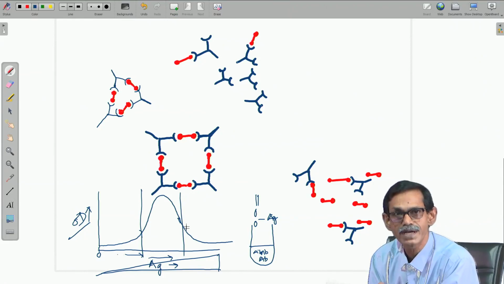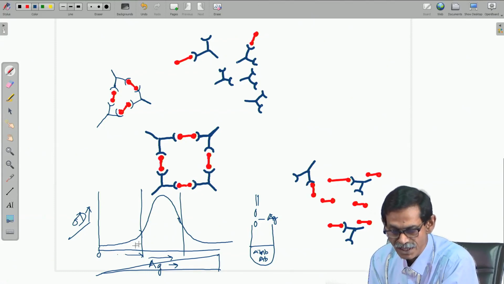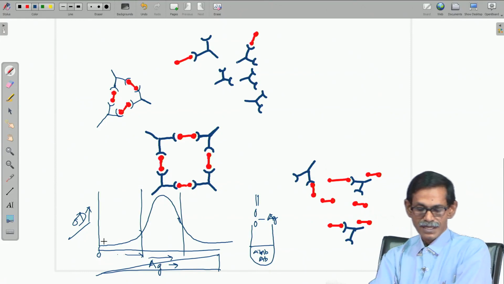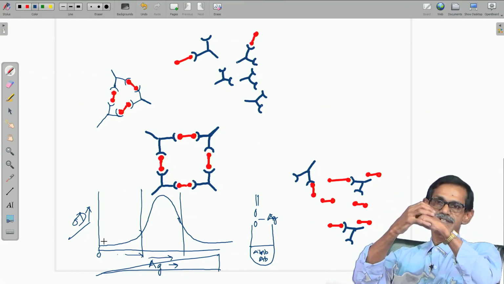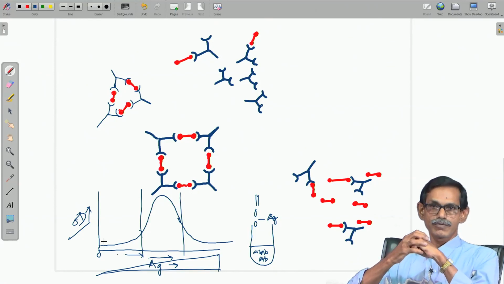This region where you see the precipitation or the cloudiness is called the zone of equivalence. Why was there no precipitation initially? What was the condition? I already told you that antigen antibody interaction is not a covalent interaction, it is a non-covalent interaction.